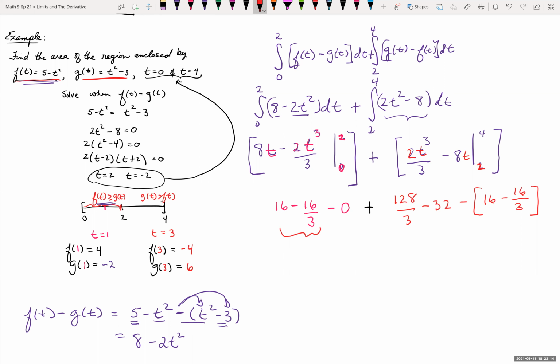Okay. So let's distribute our negative. I noticed really quickly that my negative 16 thirds, and I'm going to have a plus 16 thirds, those are going to cancel. So we have 16 right here. This is going to be a minus 16. So those are actually going to cancel. So really all that we're left with is this 128 over 3 minus 32.